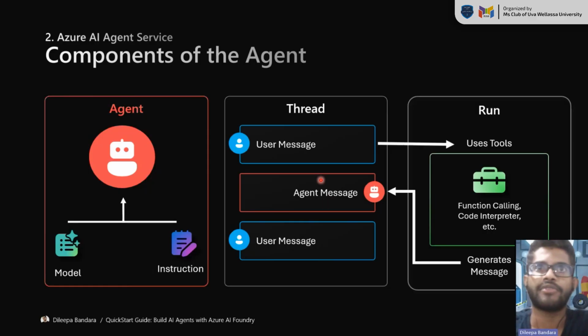If you don't know about threads, let me give you a small example. You know about Twitter, right? Currently, we use the term X. Also we have Facebook, maybe the Threads app, or maybe you are using Slack or any other conversational system that uses threads.